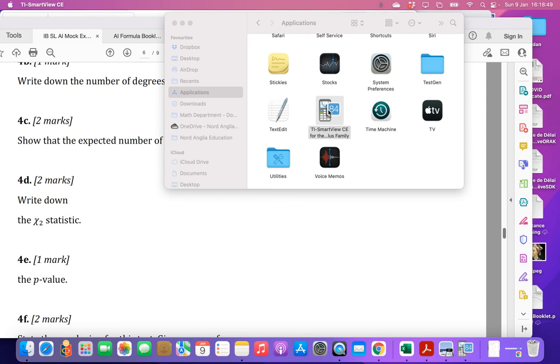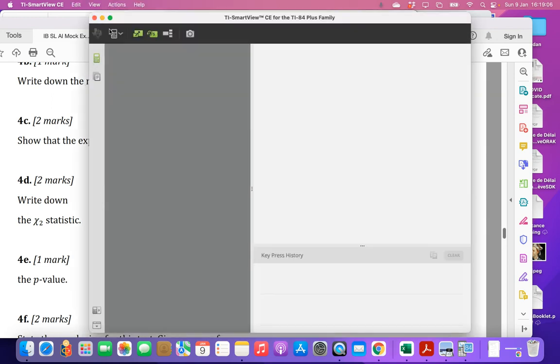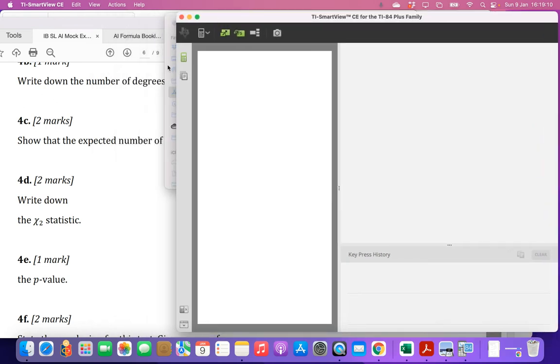We'll also see the degrees of freedom and the expected frequencies there that we've already calculated by hand. And we'll get the p-value, and we're going to be able to compare the chi-squared statistic to the critical value and the p-value to the significance level.